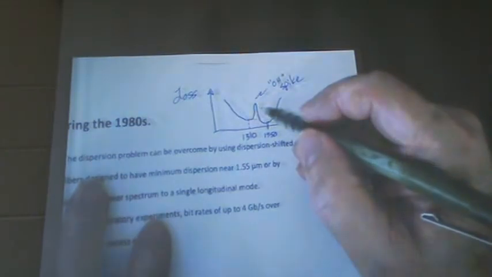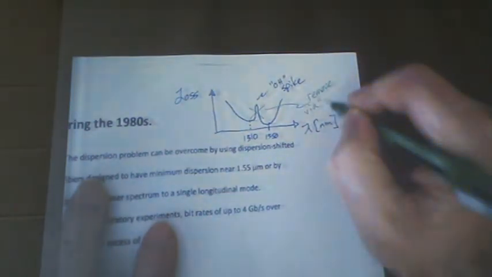That's because there's water in the room when you're making the fiber, water vapor. The only way you can get around this is you can remove that, the so-called dry fiber. The dry fiber is expensive because you have to remove all the water vapor from the room when you're fabricating the fiber. But then you can eliminate this OH spike.